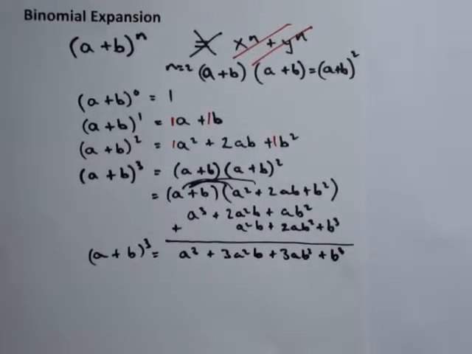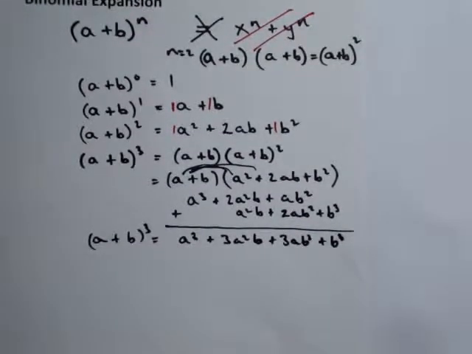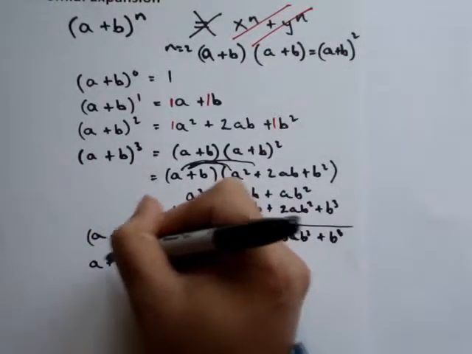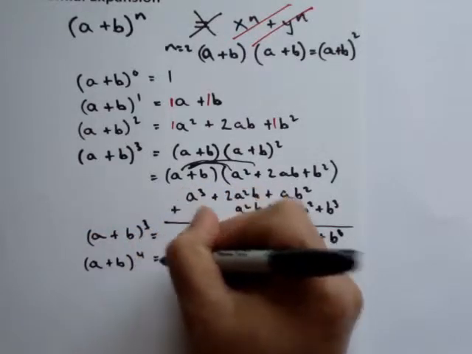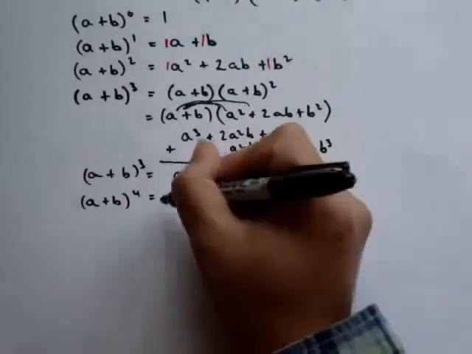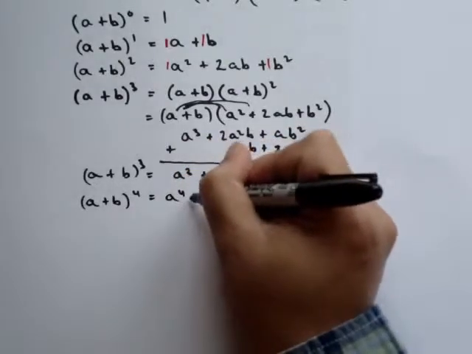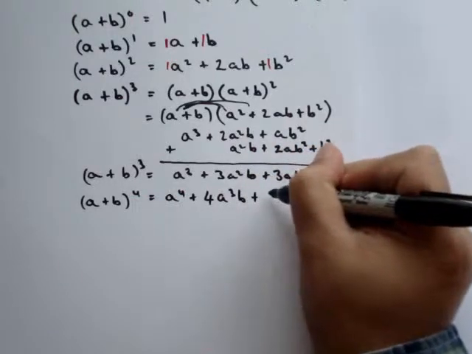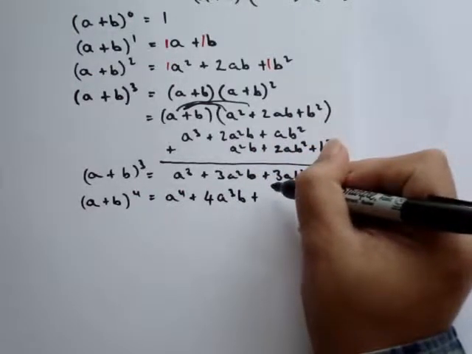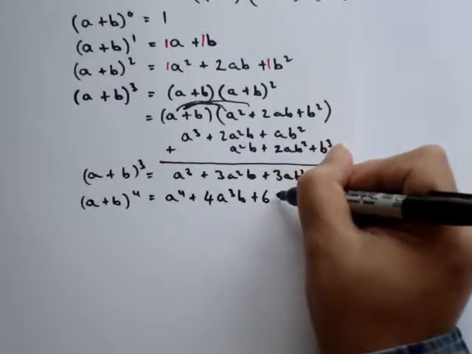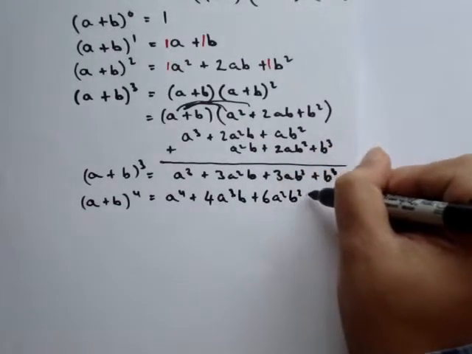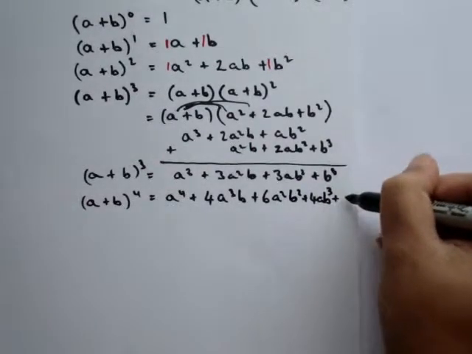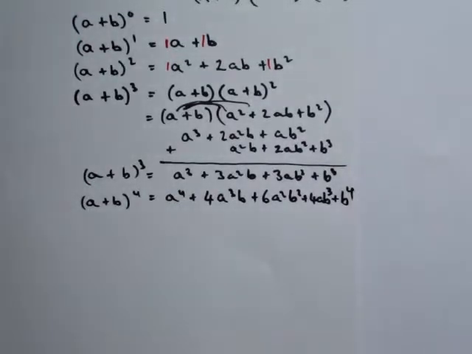As you can see, this is getting quite complicated, and if we do quickly a plus b to the power 4, we get a to the power 4 plus 4a cubed b plus 6a squared b squared plus 4ab cubed plus b to the power 4.